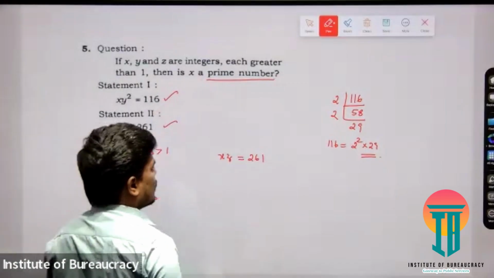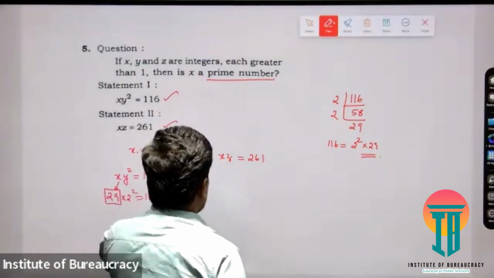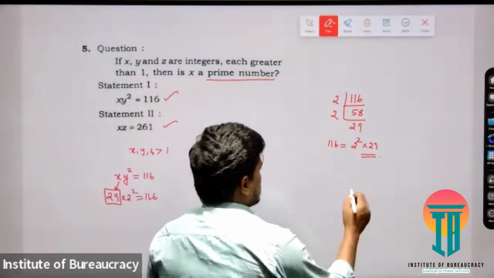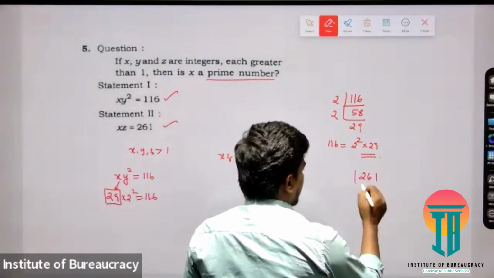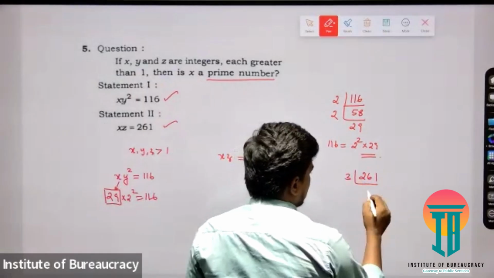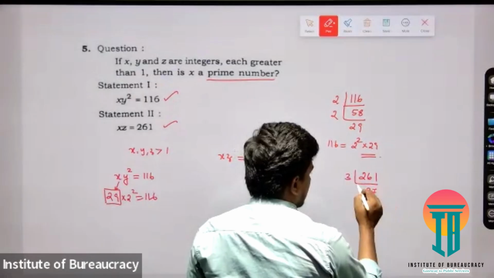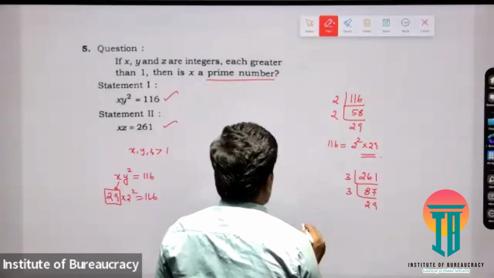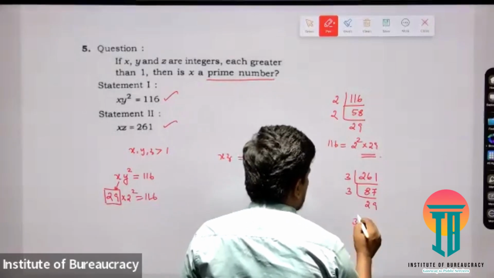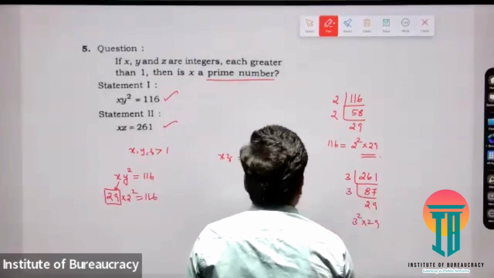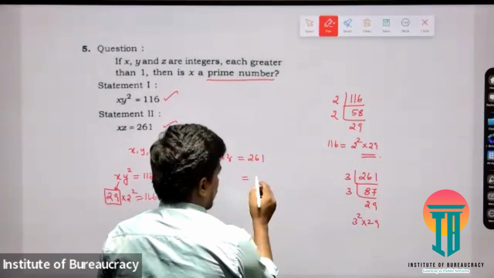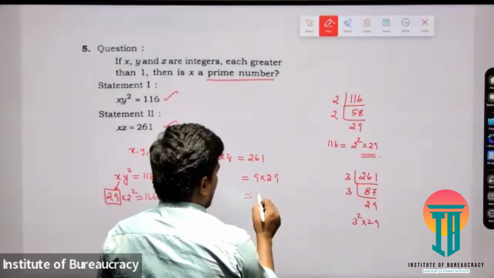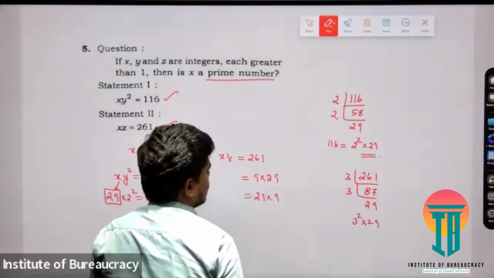Now for the second statement alone, don't combine them. 261 divided by 3 is 87, and again by 3 it is 29. That means it is 3 square into 29, so I can write this as 9 into 29 or 29 into 9.